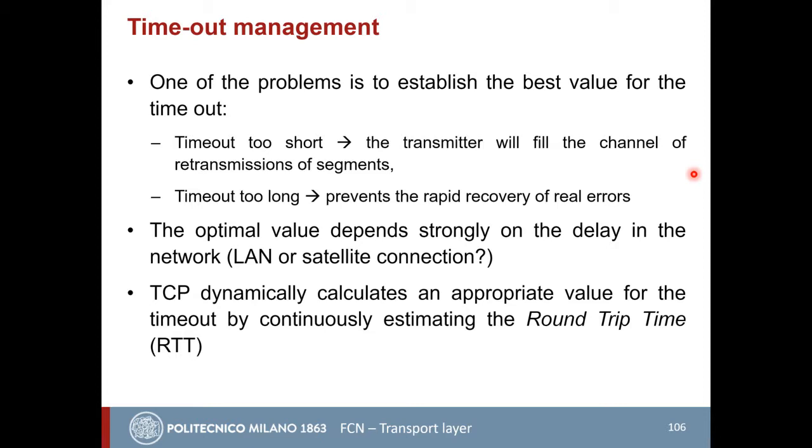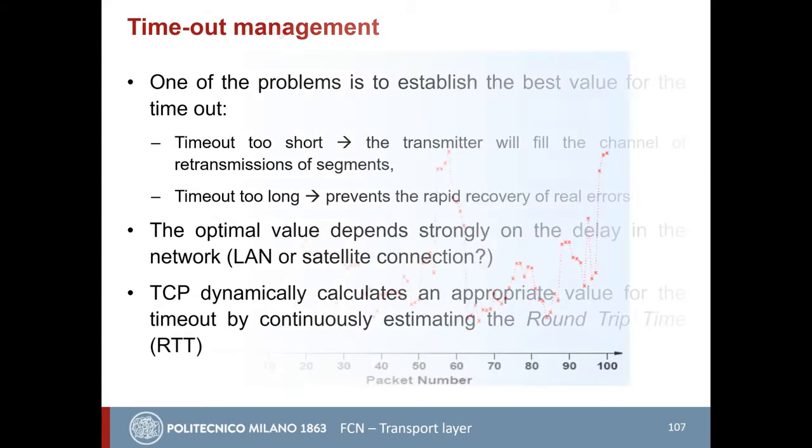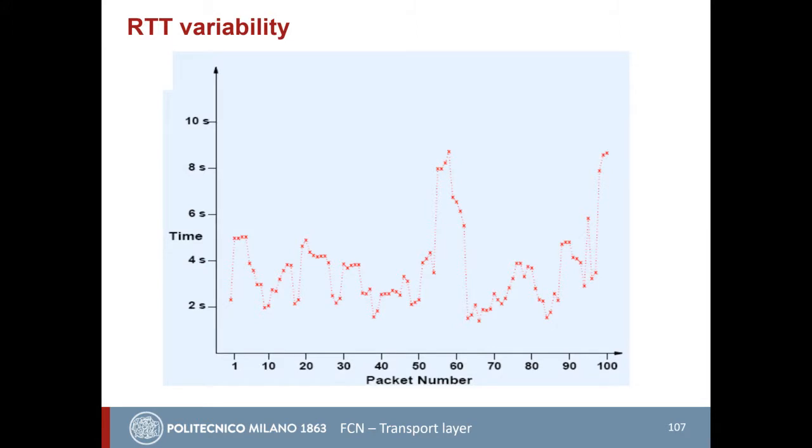So each time the transmitter sends a segment, it receives the ACK and it can measure the round trip time. However, this is a random variable, so it varies from time to time in a random way, and the oscillations are sometimes quite relevant.